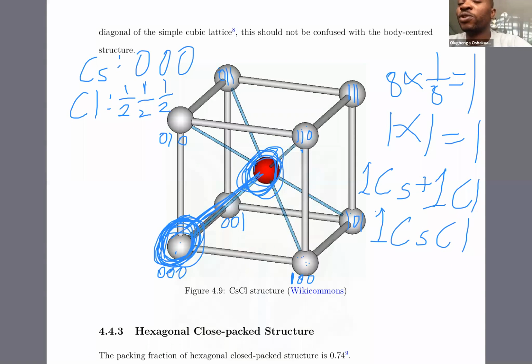When I'm not sure of a structure, I say, okay, let sodium be here, let chlorine be here, and I check the total energy of the structure. I also say maybe it is not even body centered, maybe it is tetragonal, and I begin to do different calculations. So different structures can be tested with any compound you are trying to check.